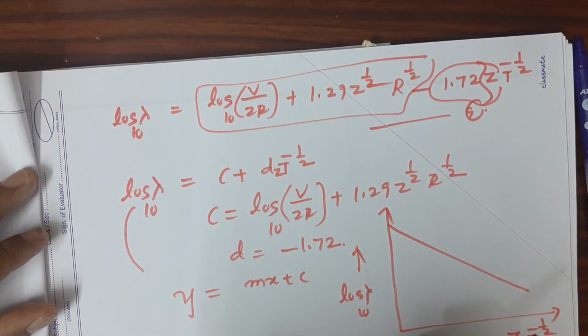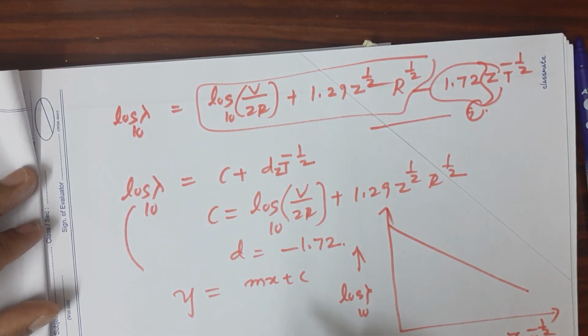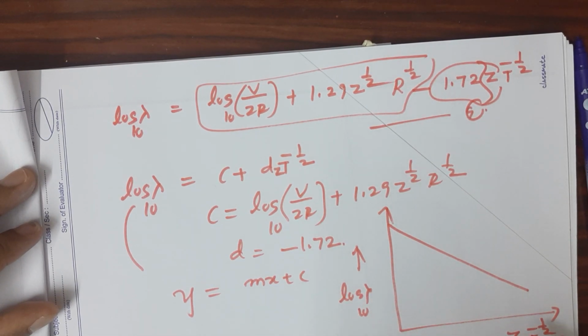This equation shows that radioactive elements having the lesser decay constant emit alpha particles of greater kinetic energy, which is explaining the Geiger-Nuttall law. It is very clear.